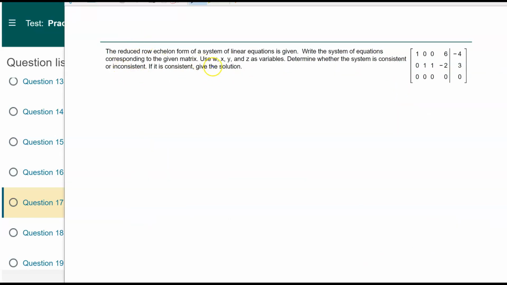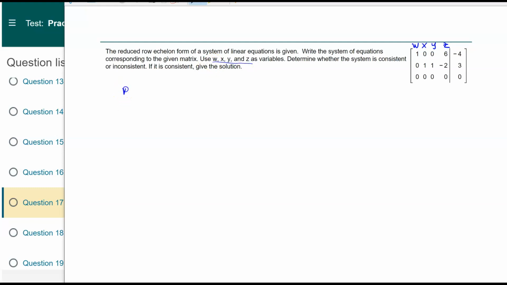All right, so let's go ahead and write the system of equations corresponding to the given matrix here. The first column is for the w variable, then x, y, and z. So w, x, y, z are our variables.